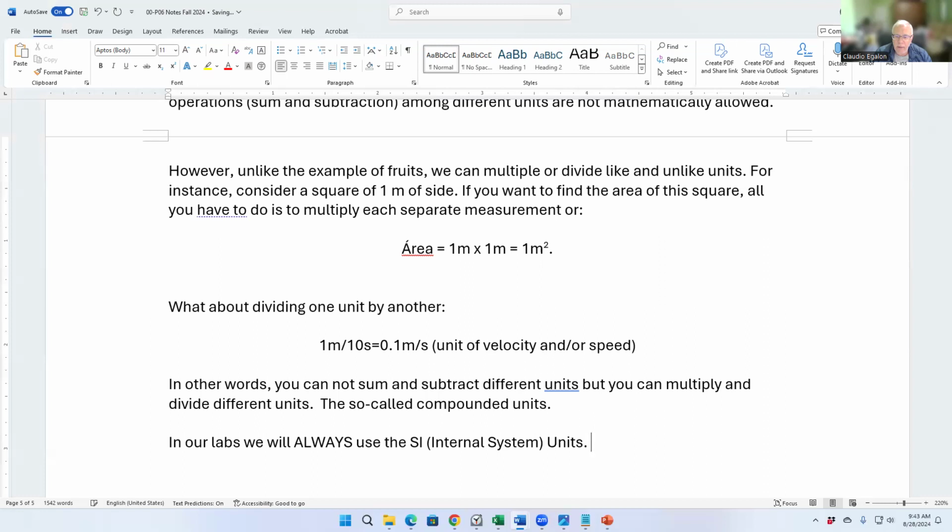The SI units again are the meter, the kilogram, the second, etc. Always use the SI units and their combinations: the meter, the kilogram, the second, the meter per second, etc.